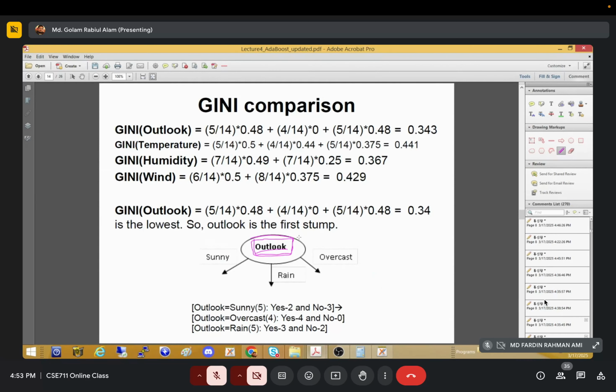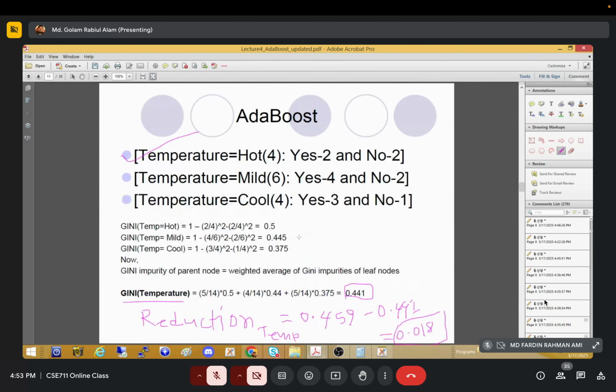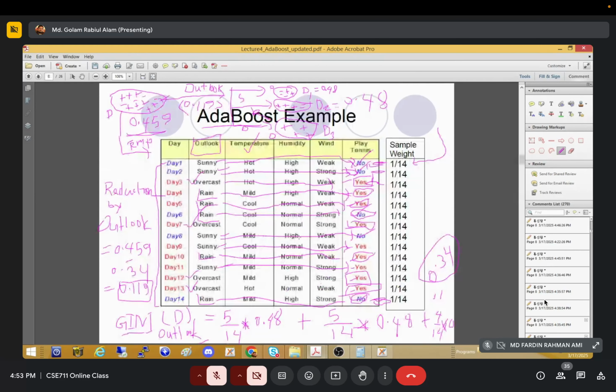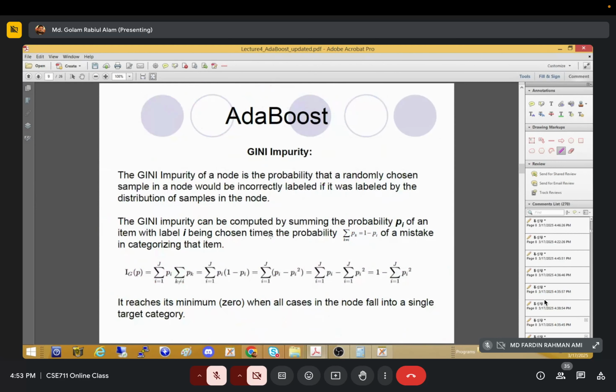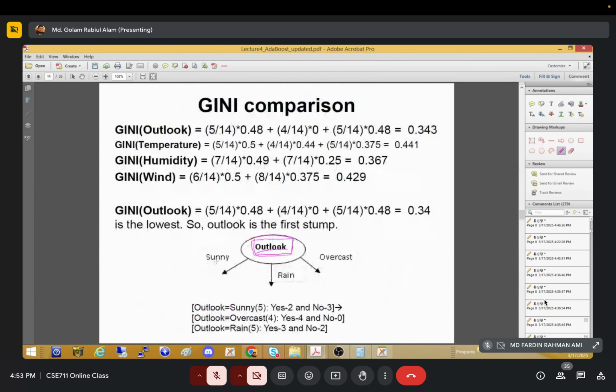In our data set, outlook has 3 types: it can be sunny, rain, and overcast. That's why we have written outlook can be sunny, rain, or overcast.